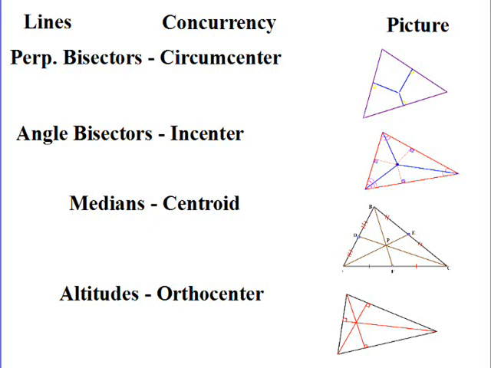Now, these pictures did come directly from the screencast, so if you find that they're too small, you can always back up. Also, the words median and altitude, those are relatively new, so in this chart I would probably make a special note giving their definitions.